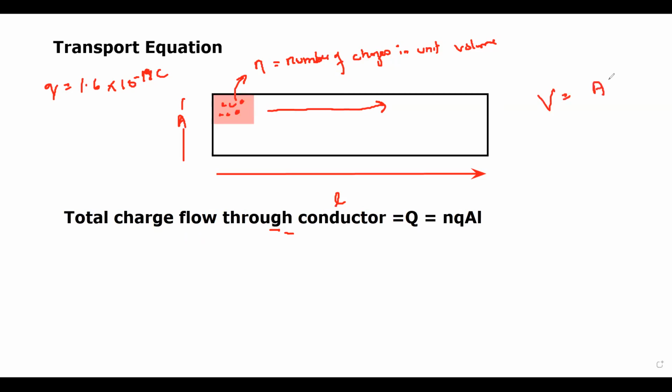We get the total volume by area multiplied by length, and multiplying by the number of charges per unit volume gives the total charge which is flowing. So Q is equal to NQAL.